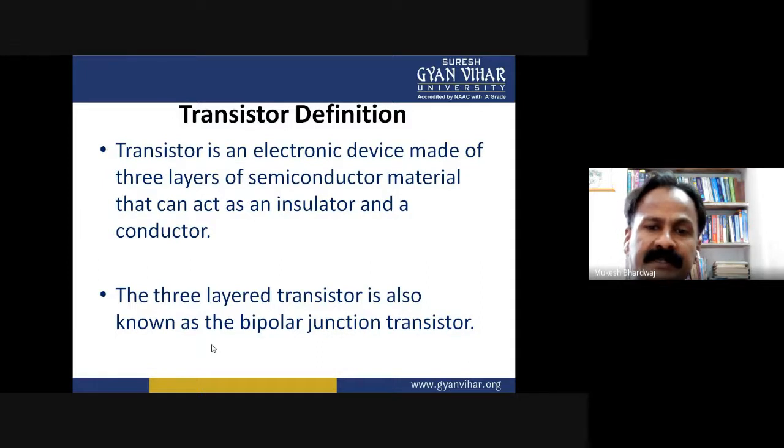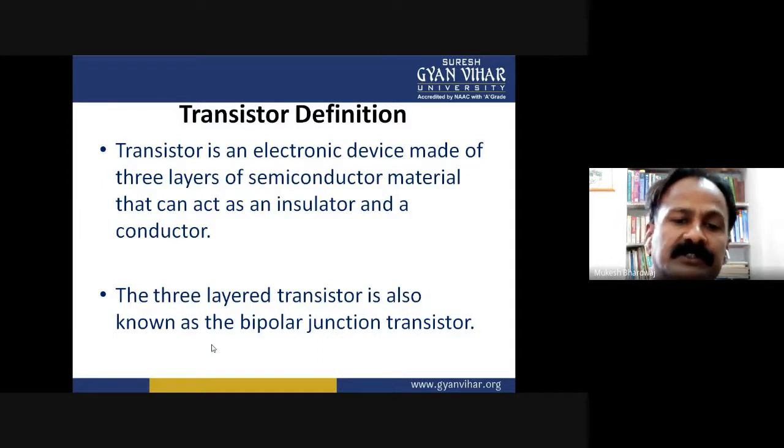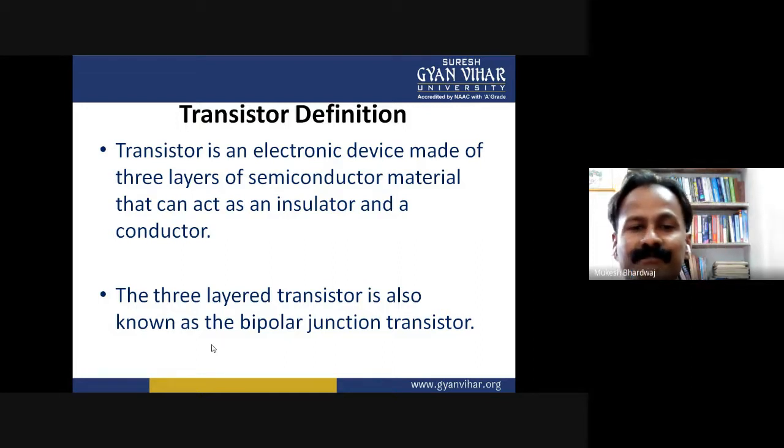The three-layer transistor is also known as the bipolar junction transistor, or BJT.